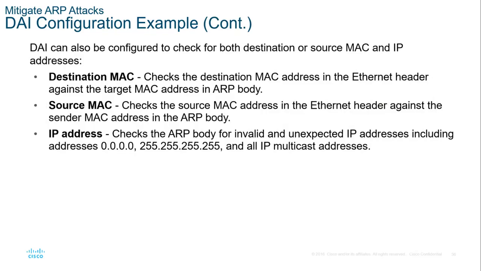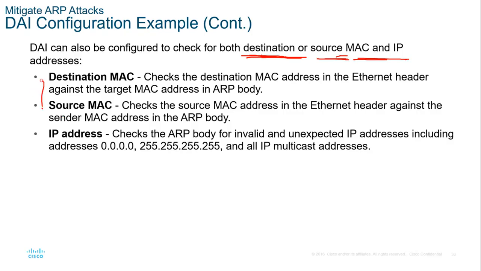This is still a continuation of dynamic ARP inspection, which can also be configured to check both the destination or source MAC address. So it can either be destination MAC address and IP address, or source MAC address and IP address.